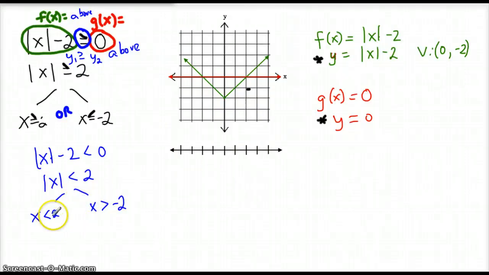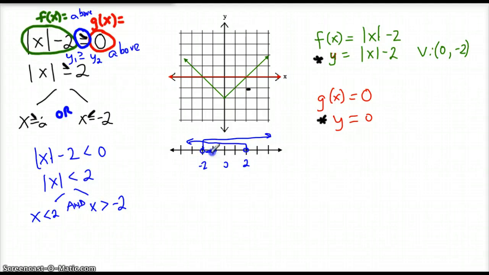Okay, x is less than 2. Here's my 2. X is greater than negative 2. Negative 2. And we would see that once we've isolated that absolute value, it is an "and" because it's less than.